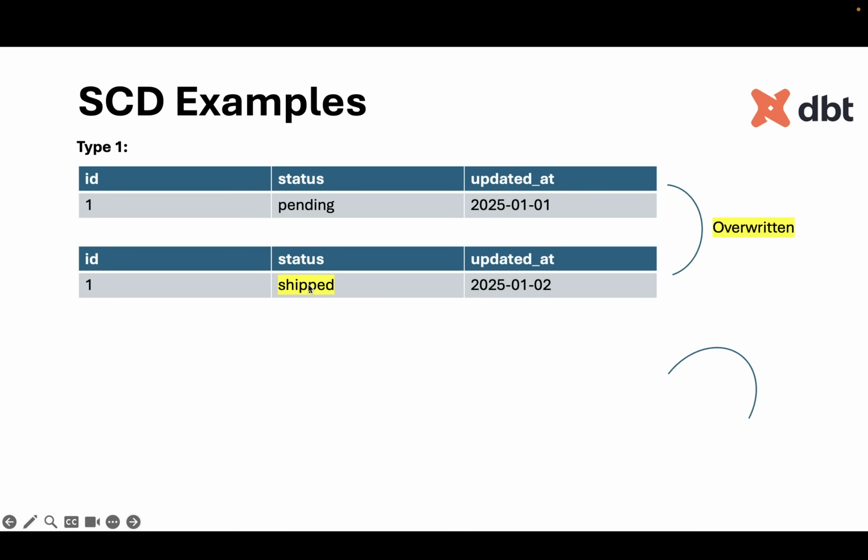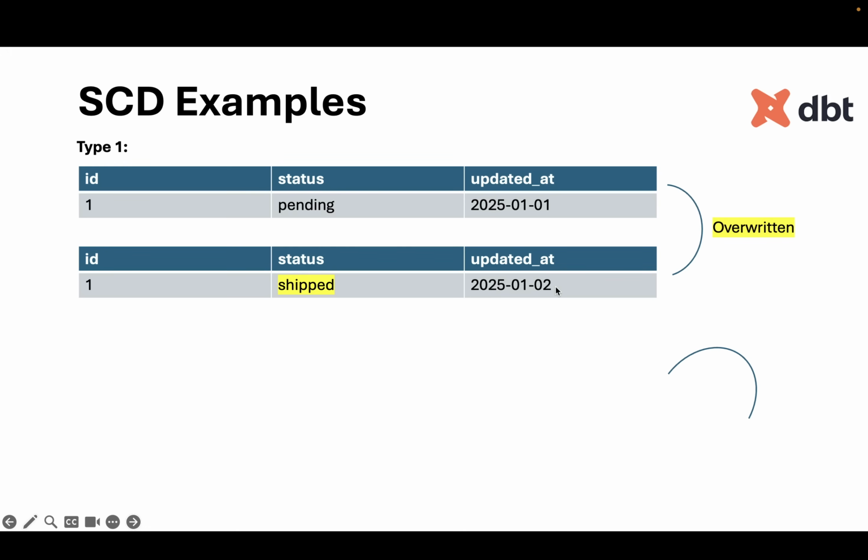Now with SCD type 1, instead of another record being created, this record is overwritten. So you can see here it's overwritten, and now the status has changed to shipped. The same ID is overwritten and updated with the new status, and the updated timestamp changes to the new change date.